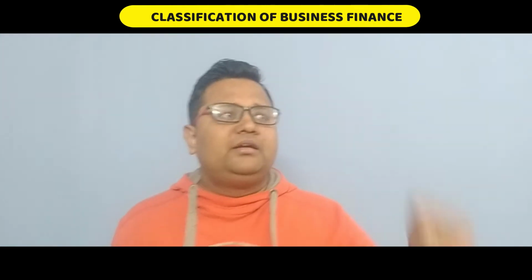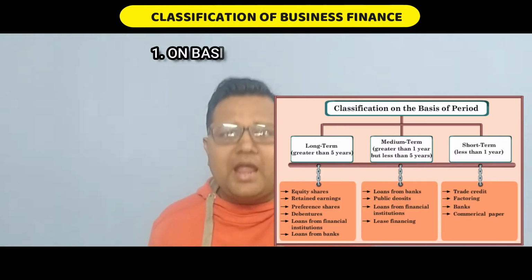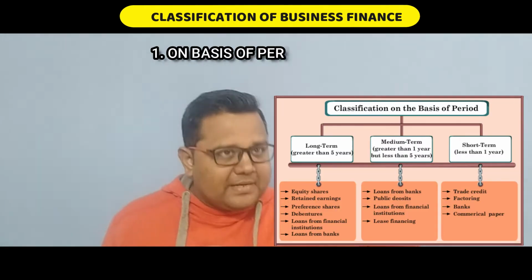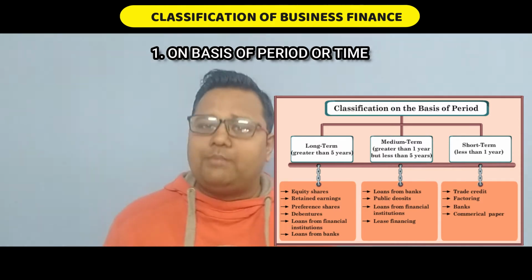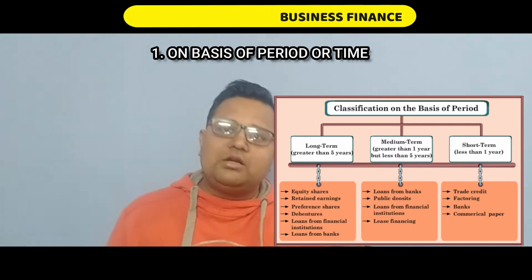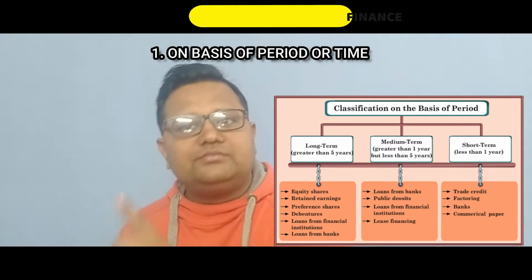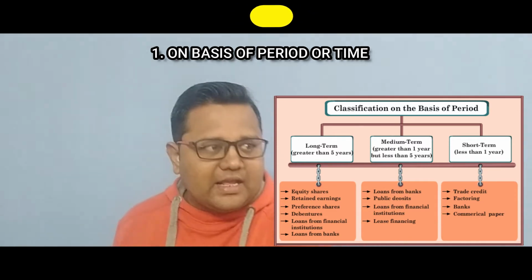Under the first classification, on basis of period or time, business fund is segregated into three categories. Number one, long term finance. Number two, mid term finance, and number three, short term finance.